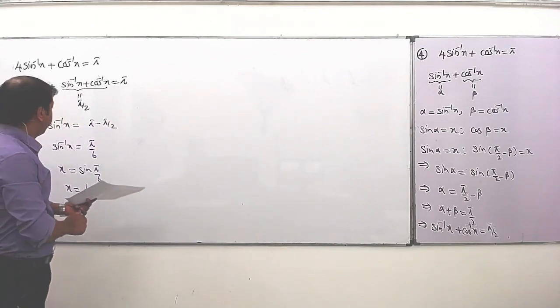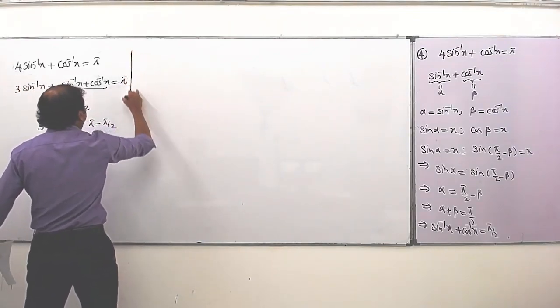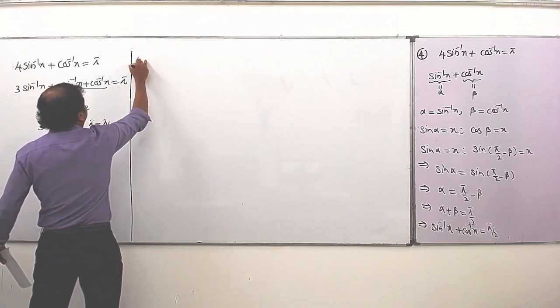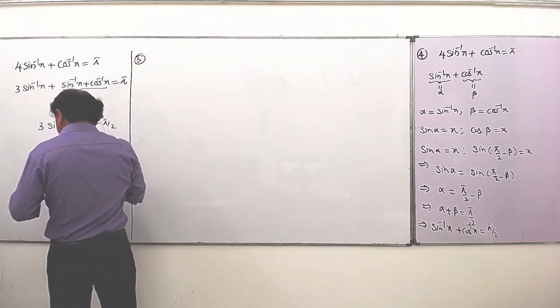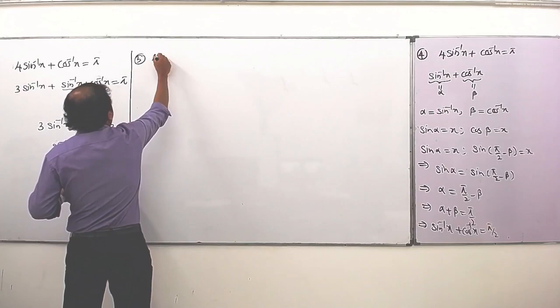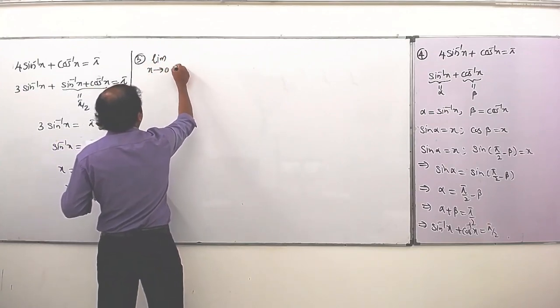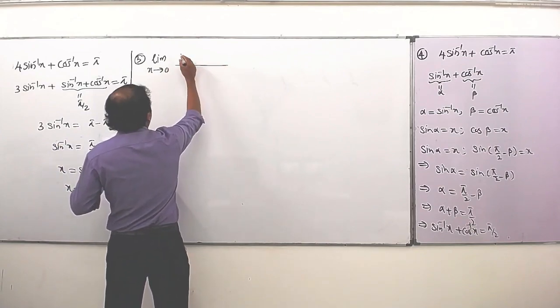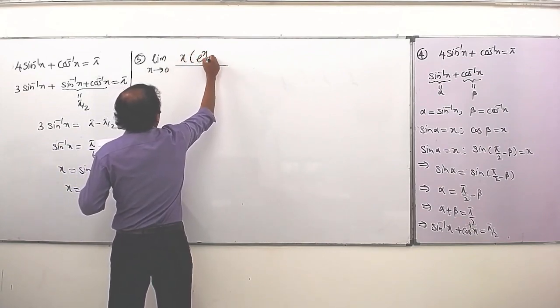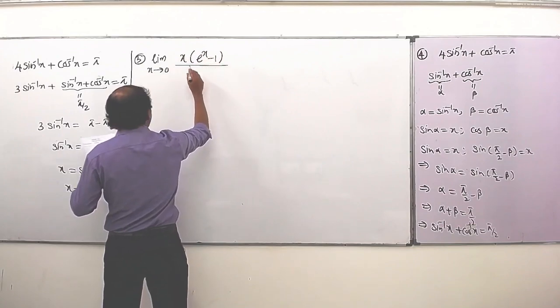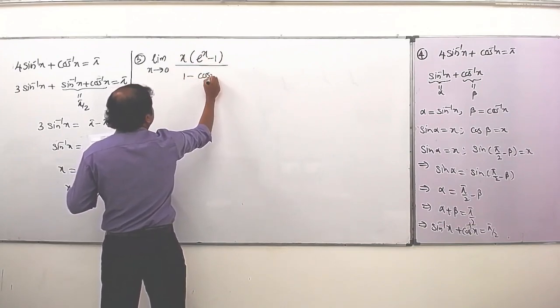Right. Number 5. Limit x going to 0, x times (a^x minus 1) divided by 1 minus cos x.